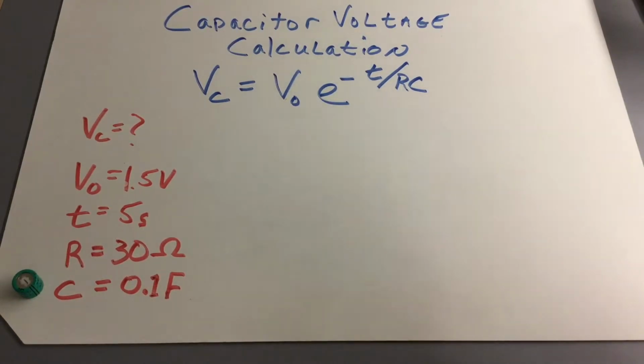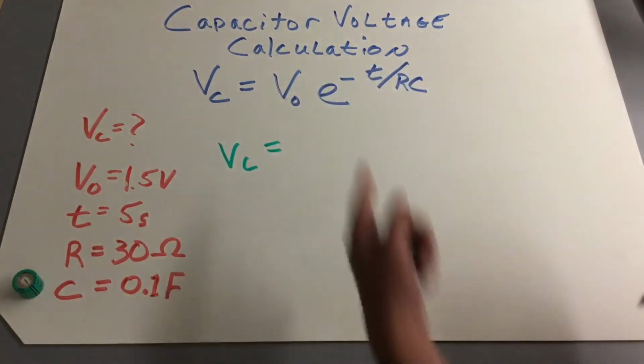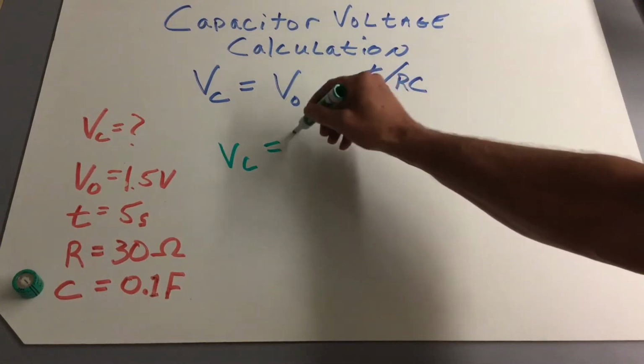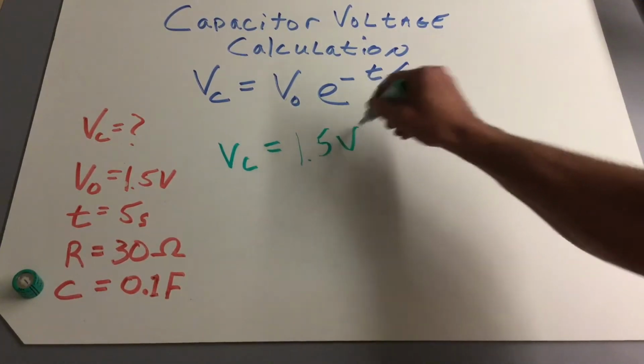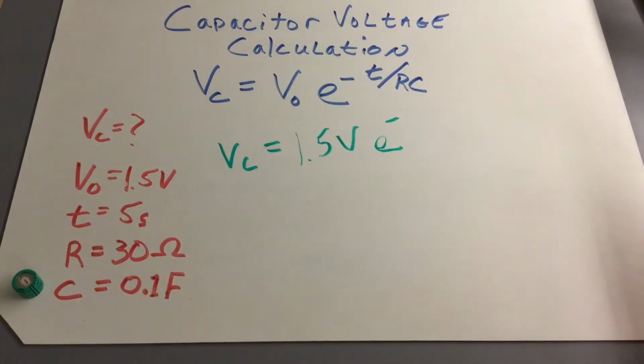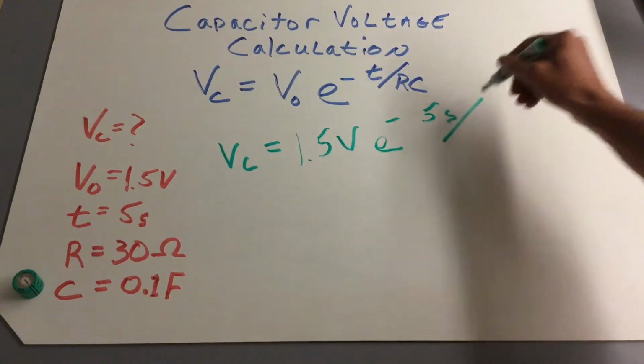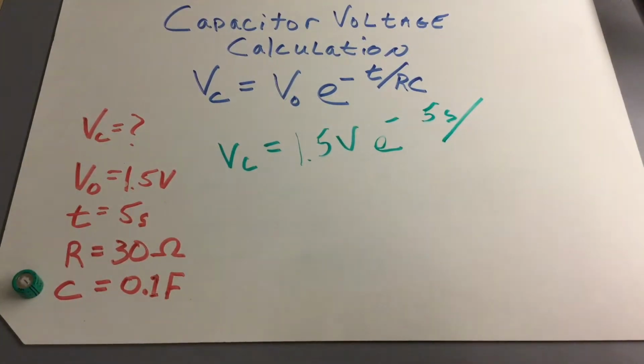Now here's a sample calculation for the voltage discharge across the capacitor. The voltage across the capacitor is equal to the original voltage. We use the 1.5 volt battery times e to the minus. We arbitrarily chose a time of 5 seconds, so we'll put 5 seconds here, divided by our time constant, which is the product of the resistance times the capacitance.